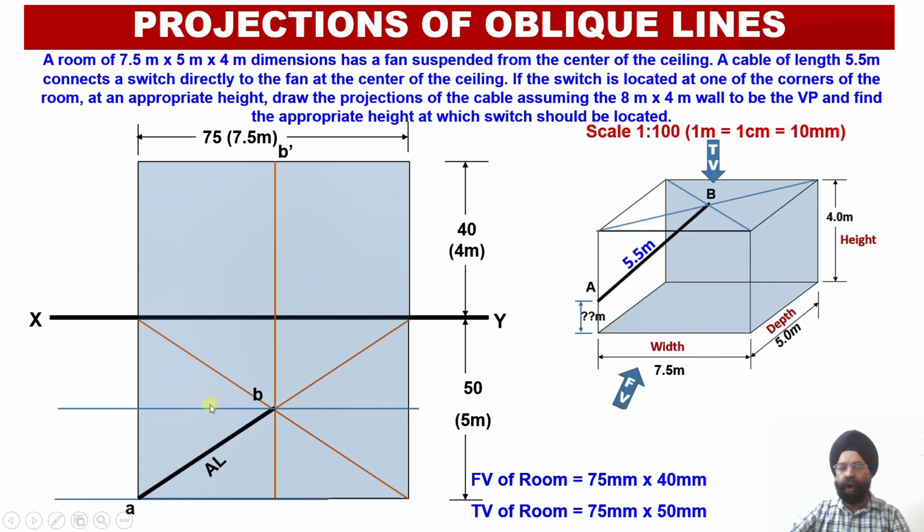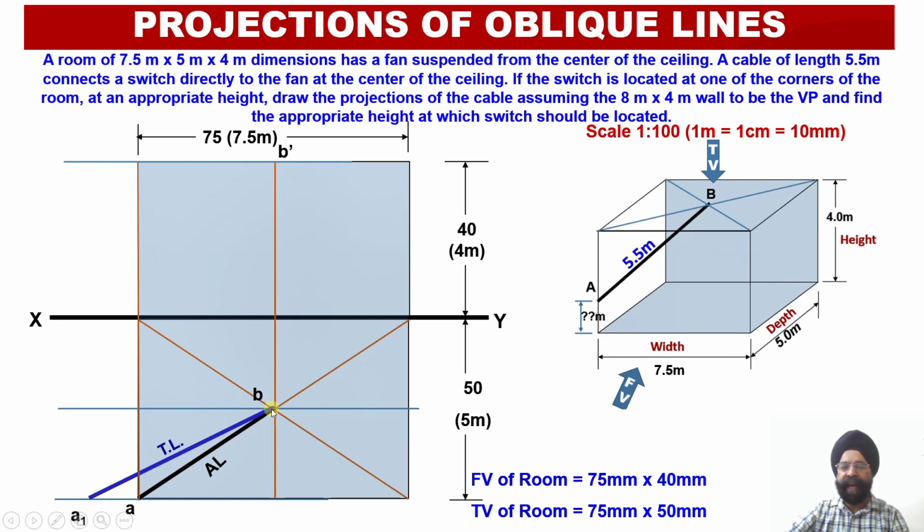Once we draw these two locus lines, through point B I have to draw the orientation of the true length. I know that the true length of the line is 55 millimeter. So as per the rotation of the line method, the apparent length as well as the true length will lie between these two locus lines, which pass through points A and B.